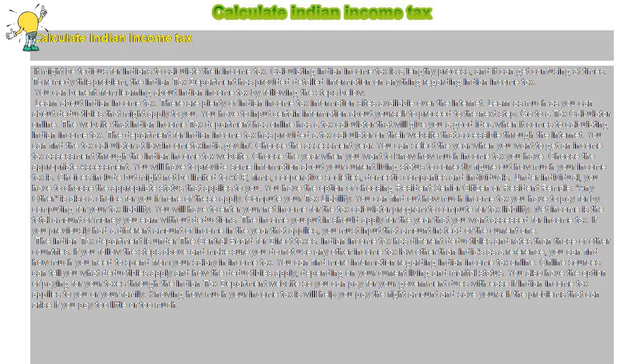Under individual, you have to choose the appropriate status that applies to you. You have the option of choosing resident senior citizen or resident female. Any other is also a choice for you if none of these apply.